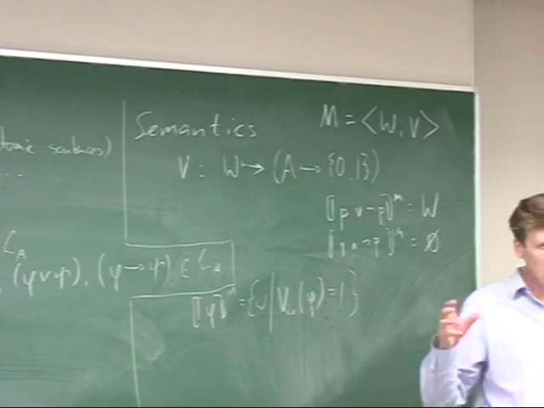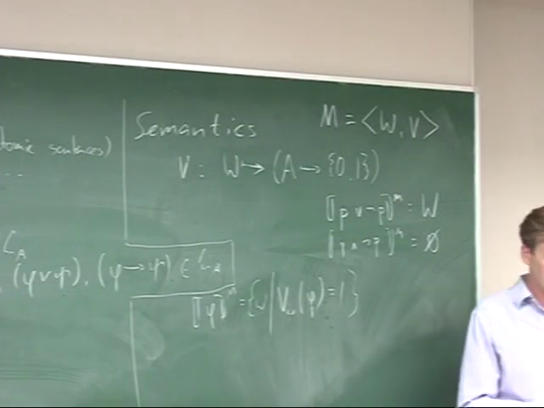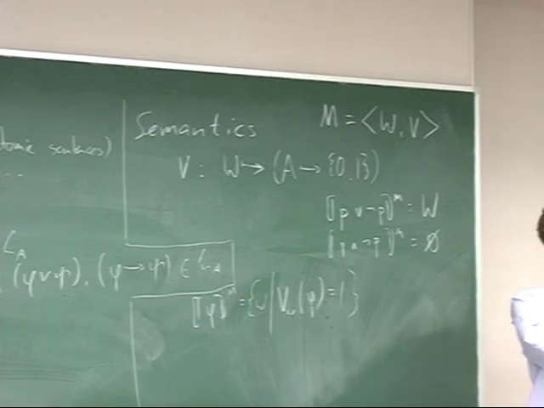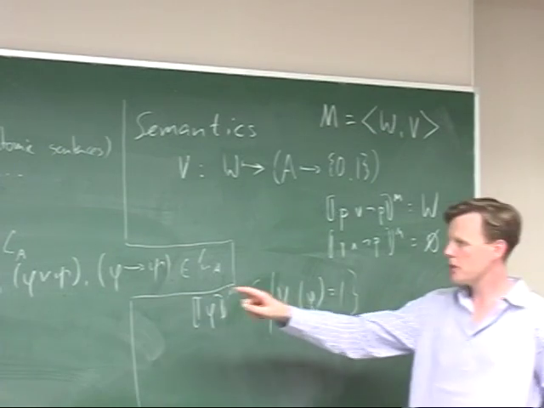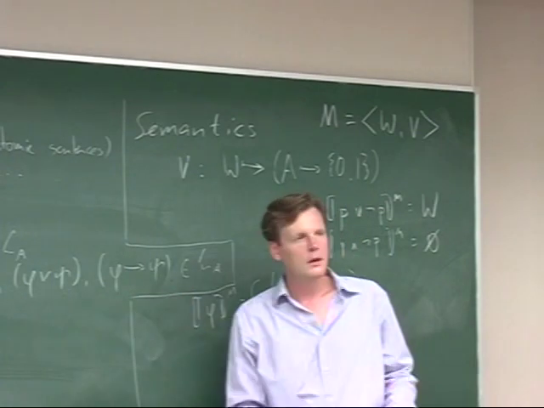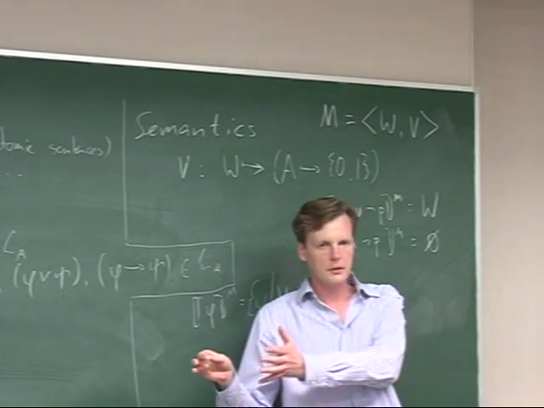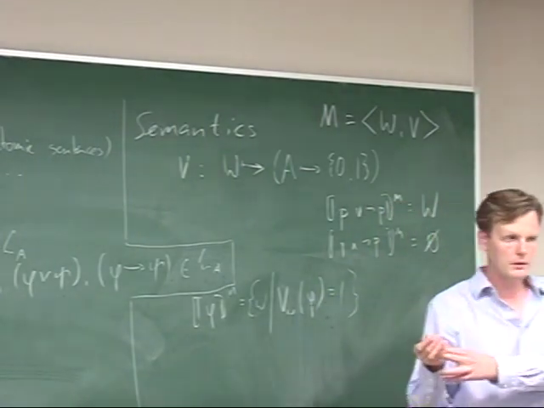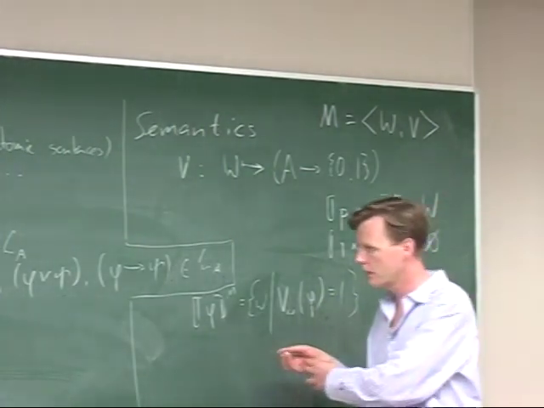Now, if we are given these sets of worlds that sentences refer to or denote, we can line up logical connectives like conjunction, disjunction, and so on, and set theoretic operations in the way I do in 19 on the handout. Right?